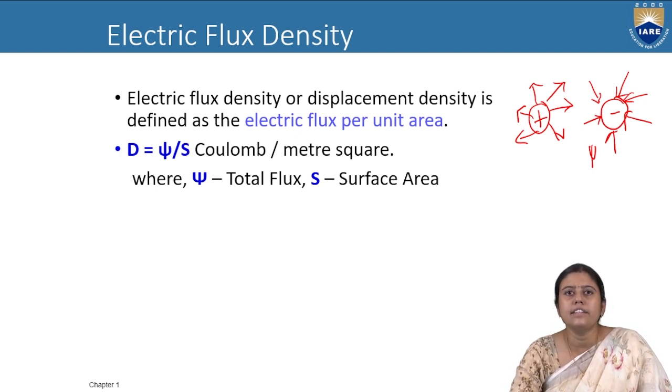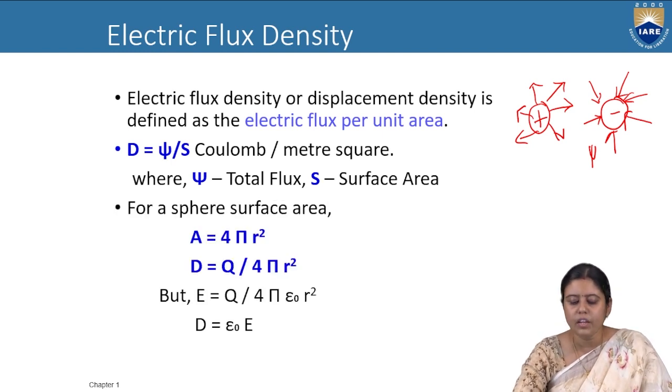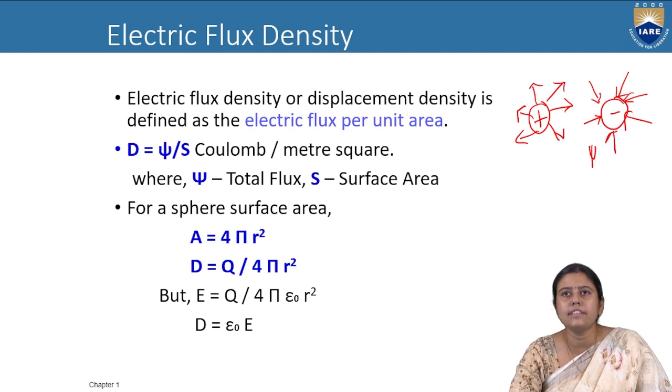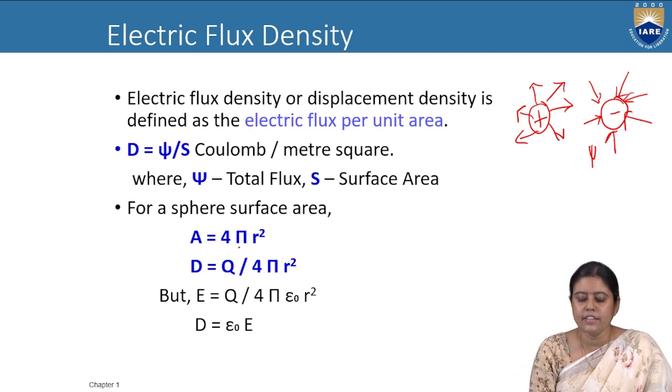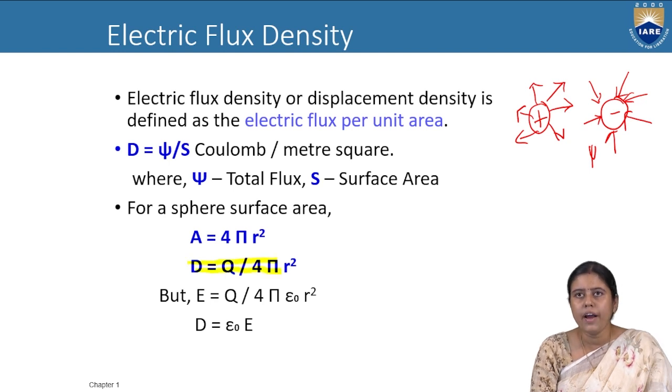As the general tendency of electric charge is to lie on the outside surface, that is why we write it as surface area. If we take the surface as a sphere, we can write A is equal to 4 pi r square. So D is nothing but Q by 4 pi r square.